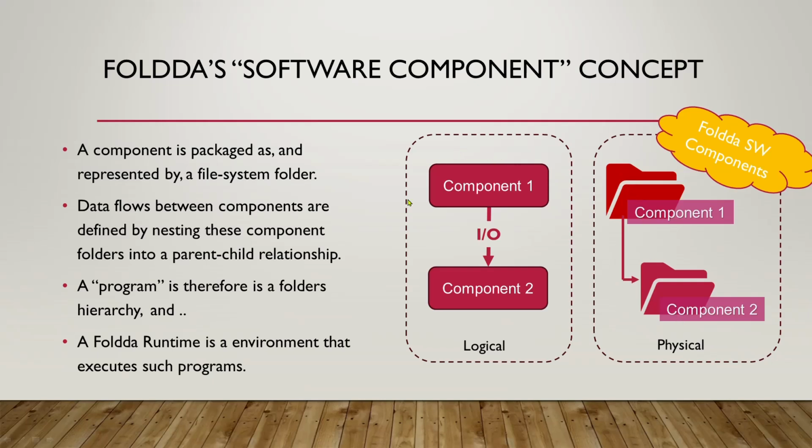In this example diagram, component 1 generates the output and puts it into component 2 as the input. So in this case, we will configure component 1's folder underneath component 2's folder as its child, which defines the data flow from component 1 to component 2.